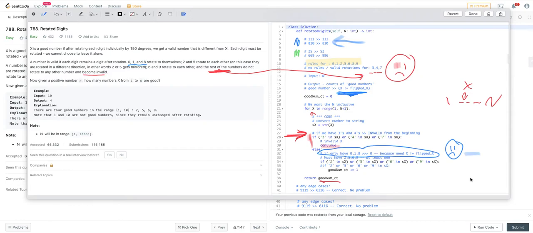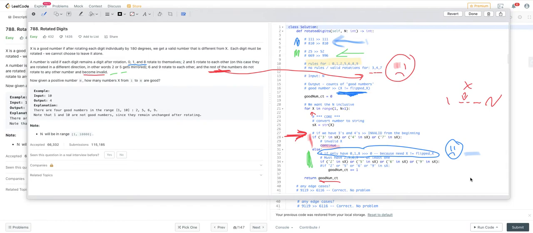So that leaves us with ignoring this and moving to this section, which means, if I don't have an invalid digit, because that's a bigger deal, then I must have a 2, a 5, a 6, or a 9.